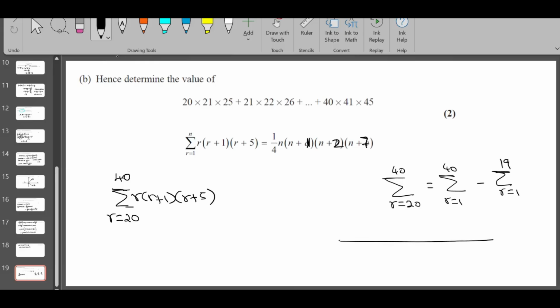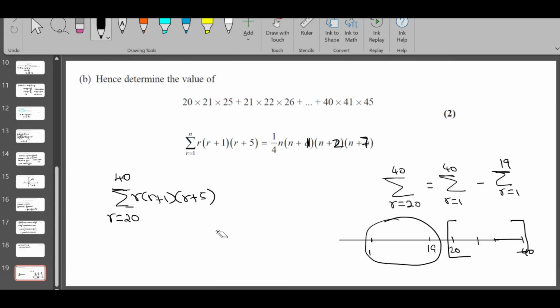Think about it on a number line. This is 1 here, 19 here, 20 here, 21, 22, 40 here. We need this 20 to 40. So you subtract 1 to 19, right?